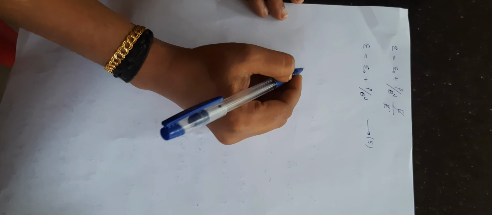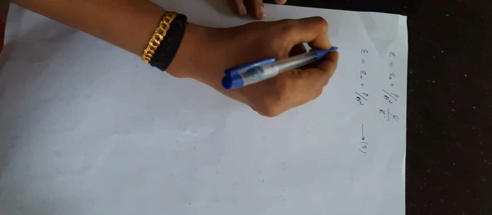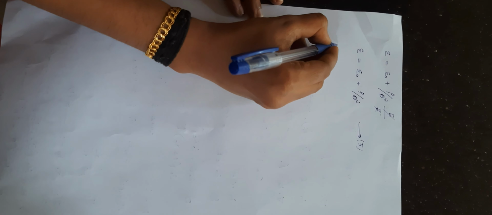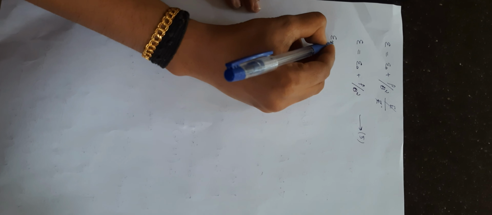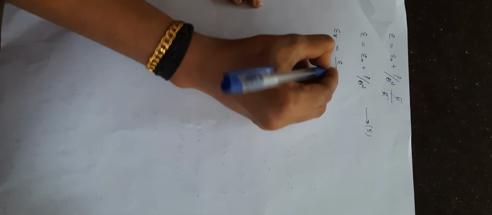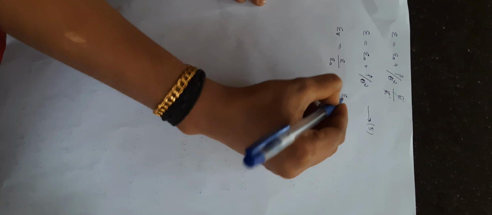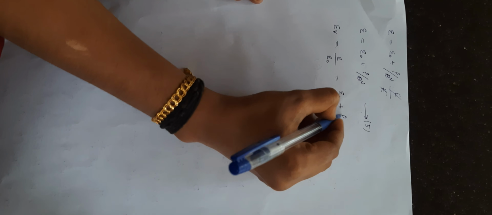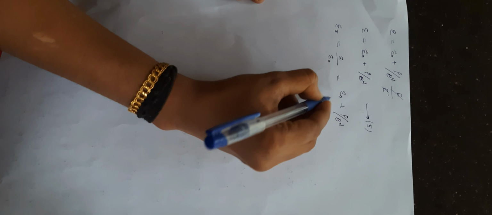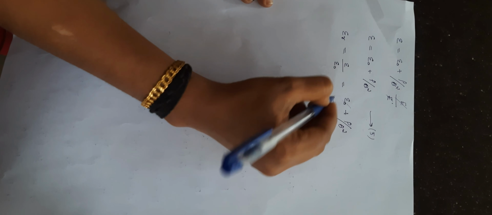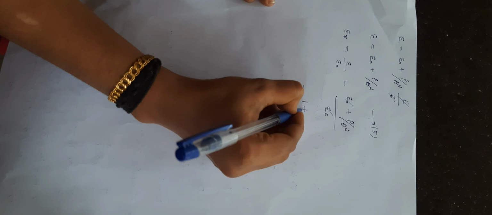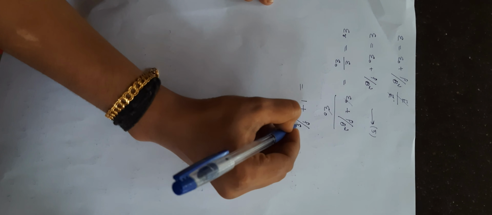Continuing, the dielectric constant epsilon R equal to epsilon by epsilon naught, then epsilon naught plus rho by B square, divided by epsilon naught, then 1 plus rho by epsilon naught B square.